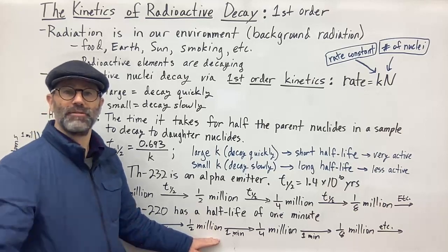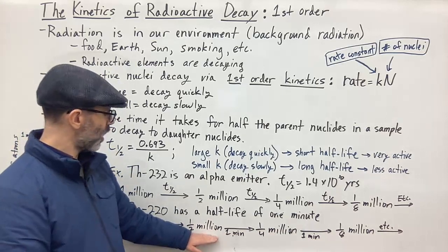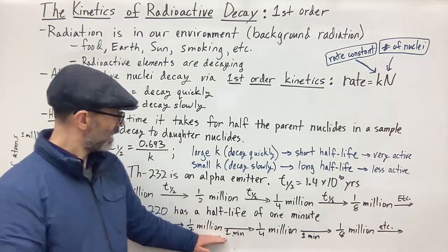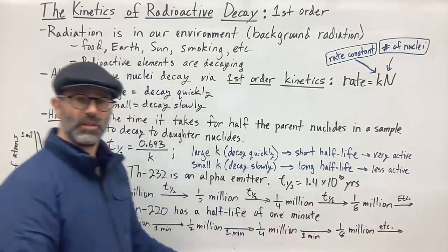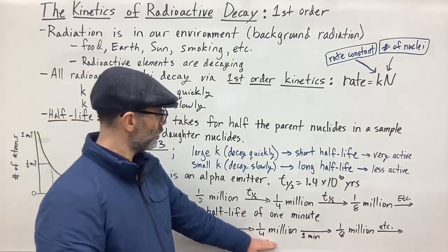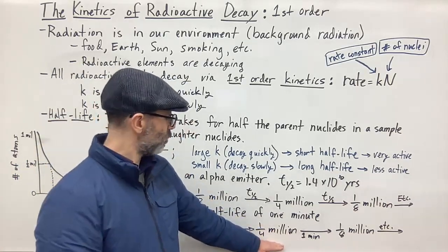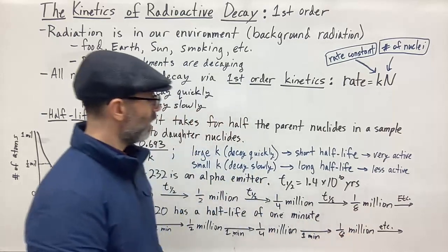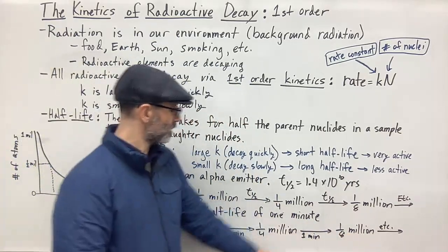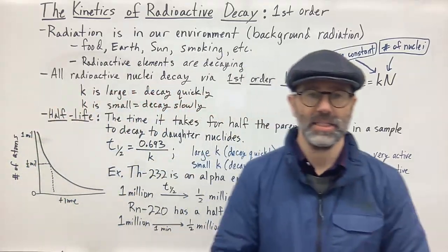The other half decayed to whatever the daughter isotope is. And now after another half-life, this 1/2 a million will decay by half. And so then I'll be left with 1/4, and after another minute, this 1/4 will decay in half. And so then I'll end up with 1/8 of a million and so on. So this is going to decay a lot faster than this because the half-lives are different.